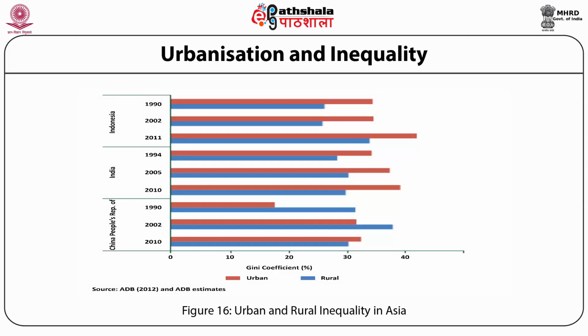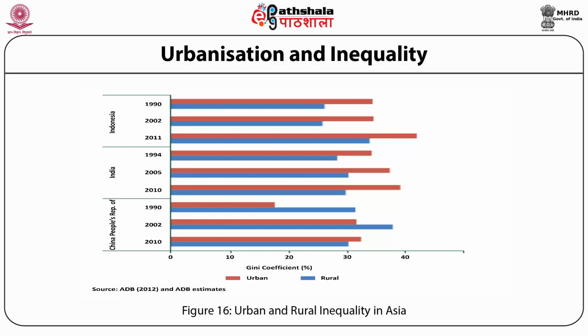In the figure, the urban inequalities in India and Indonesia have been higher than the rural areas in all the years for which the data was available. It can also be observed that during these years, the urban inequalities have rather increased. Even in the People's Republic of China, where inequality had been lower in urban than in rural areas, urban inequality has been growing faster and surpassed rural inequality in 2010.